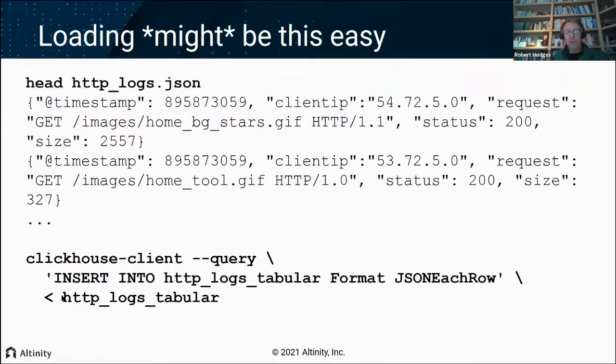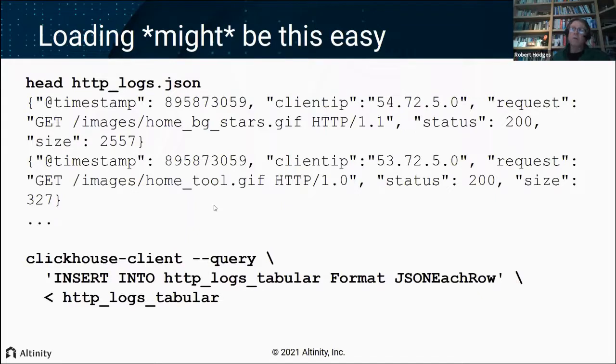ClickHouse's client is smart enough that it will parse this and figure out what you mean. It does it locally, and then it will just read in from standard IO whatever data you have until it's exhausted, and it'll send it up to ClickHouse, and that's that. As a result, you get this data loaded into the table with virtually no effort whatsoever.